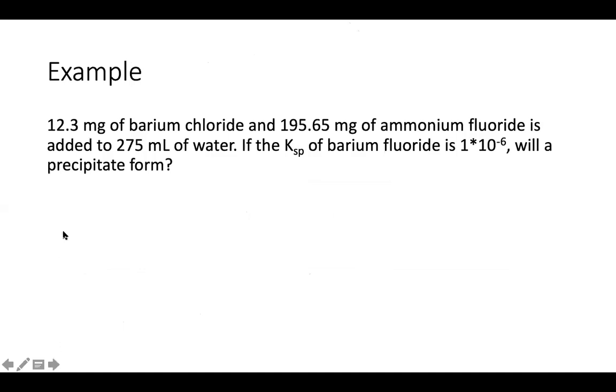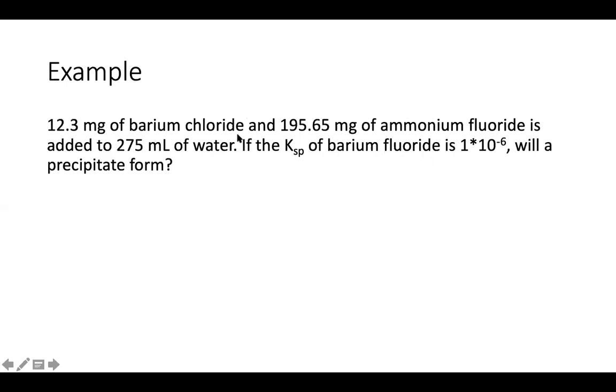And so again, we are going to look at an example. We're going to add barium chloride and ammonium fluoride, and we are going to see does a precipitate or a solid form. We're told that the KSP of barium fluoride is 1 times 10 to the negative 6th.